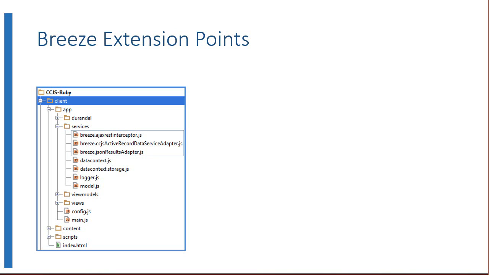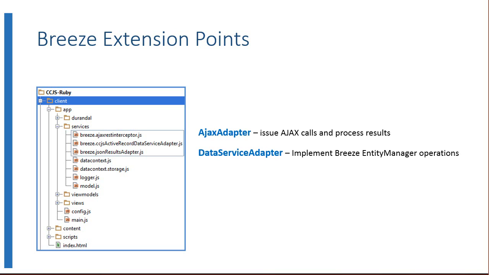Three of them are adapters. There's the AJAX adapter for issuing calls and processing some results via AJAX, and it's very low level. There's the data service adapter, which is higher level. It translates abstract Breeze Entity Manager operations into the general direction of whatever the service is, in our case a Rails service, and it kind of mediates between the Entity Manager and the AJAX adapter.